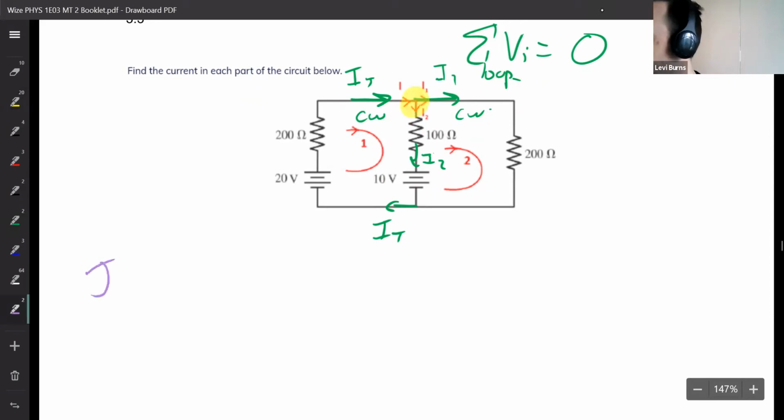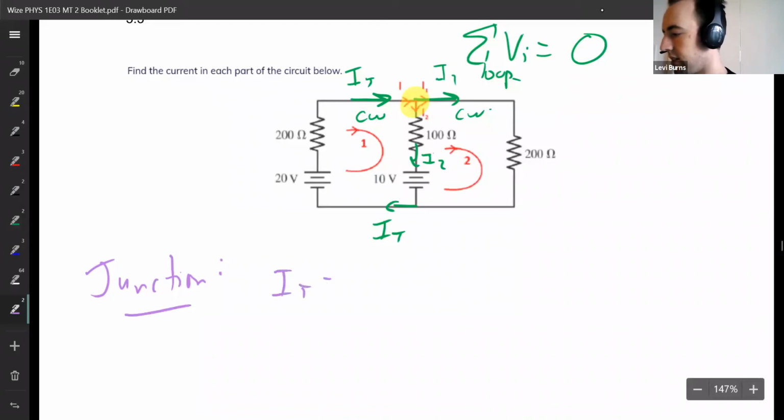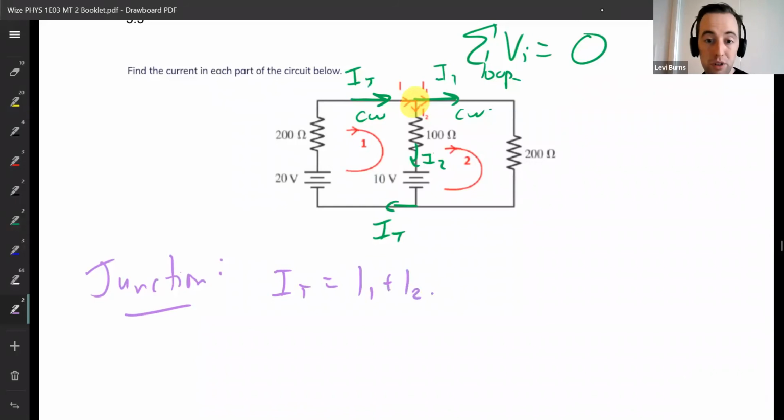So using the junction rule, I total has to equal I1 plus I2. There's nothing more to it. That's just saying that all the current that goes in has to equal all the current that's coming out. That's really all there is to it.